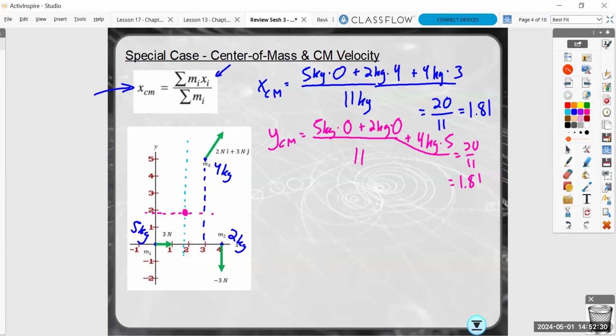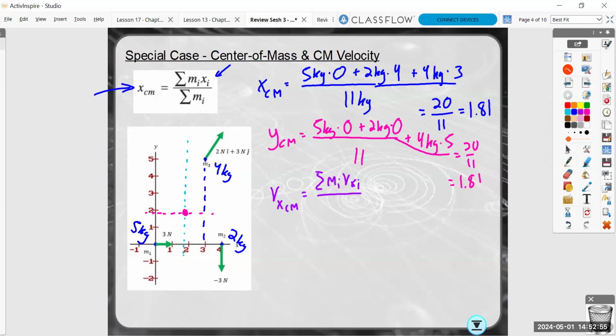What if I wanted to find the center of mass velocity? Well, in that case, I could think about taking derivatives. Let's say the x velocity of your center of mass. What you're going to find is that when you take the derivative up here, your masses stay.